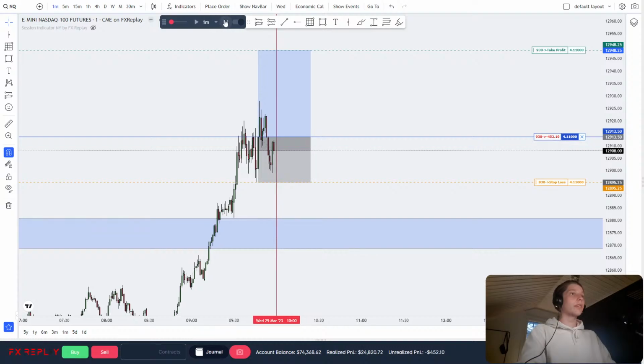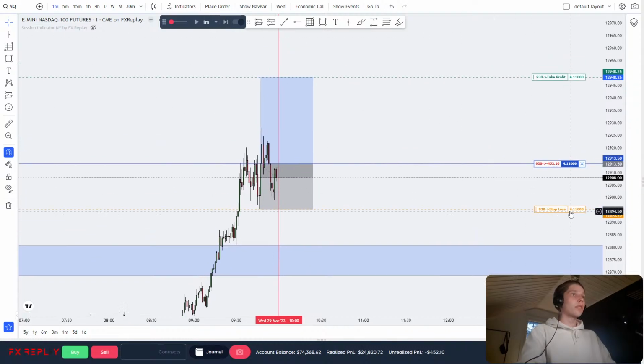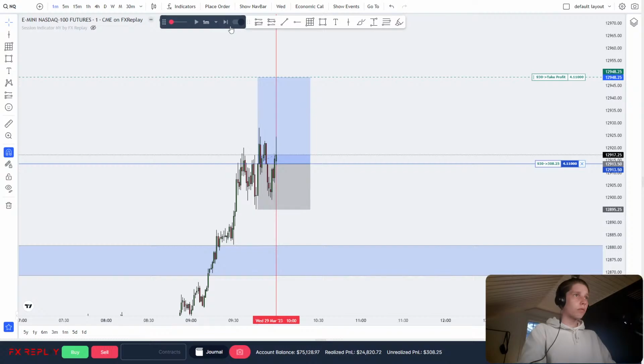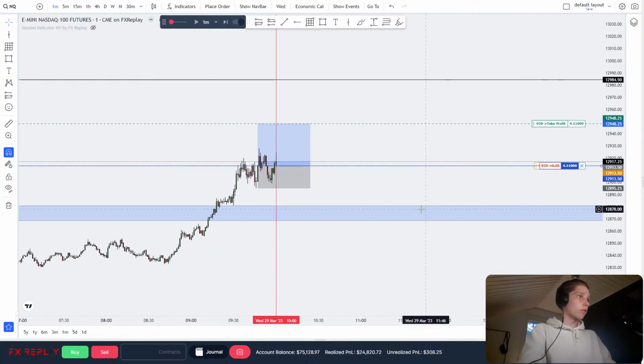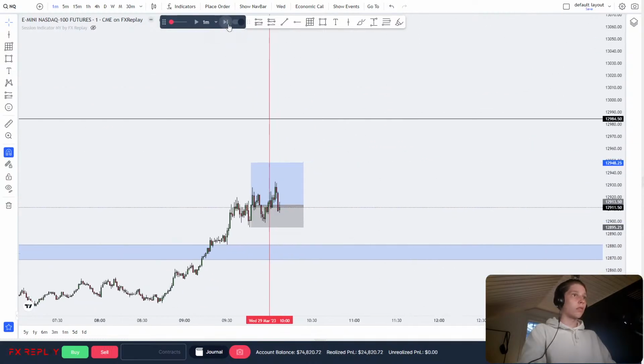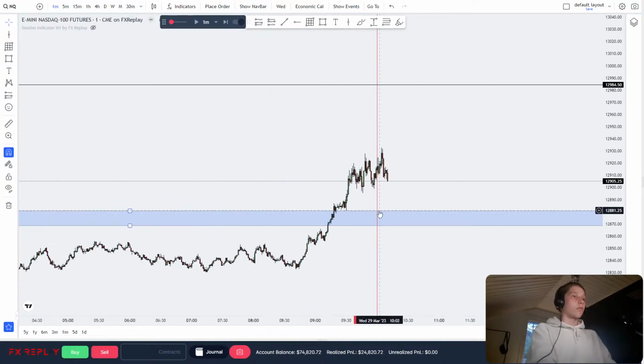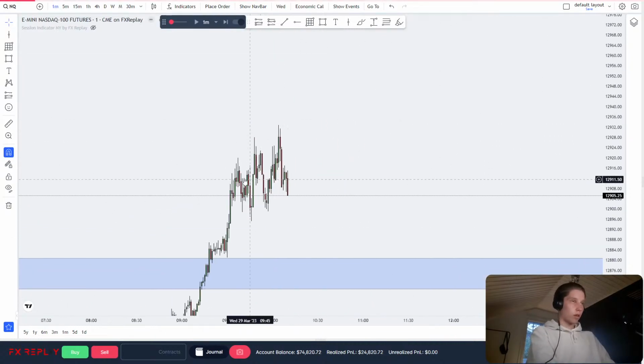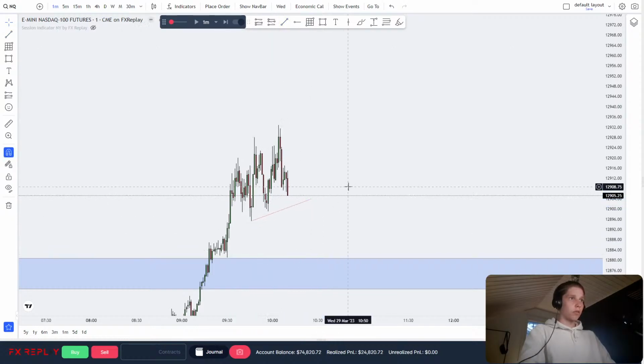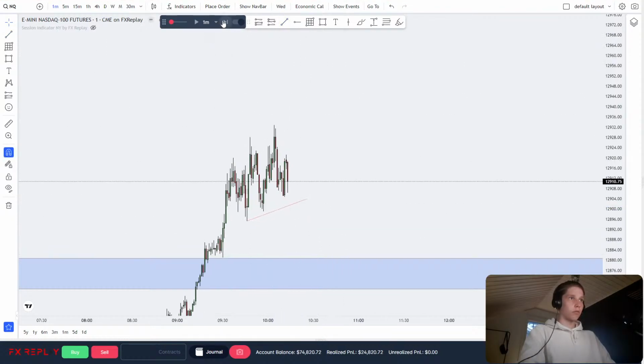Oh, that was a break, that's a break even. I didn't let me put that there. Okay, we close above, so that parallel gap is flipped. We need to sweep all of these if we want to go lower. Long, so sorry.